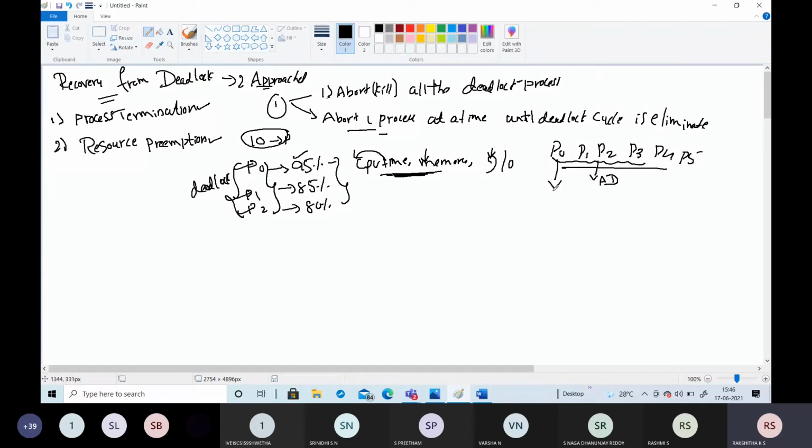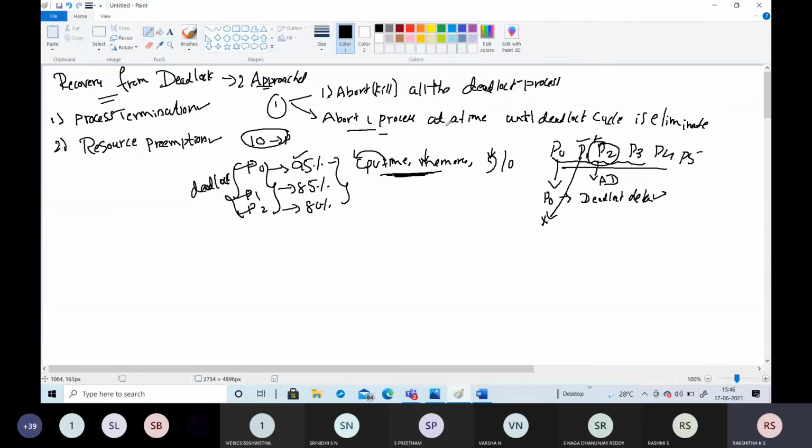First I kill P0, then I need to apply the deadlock detection algorithm. If P1 is still suffering from the deadlock, then only you kill it. Then again you apply the deadlock detection algorithm, and check whether any deadlock is still occurring.